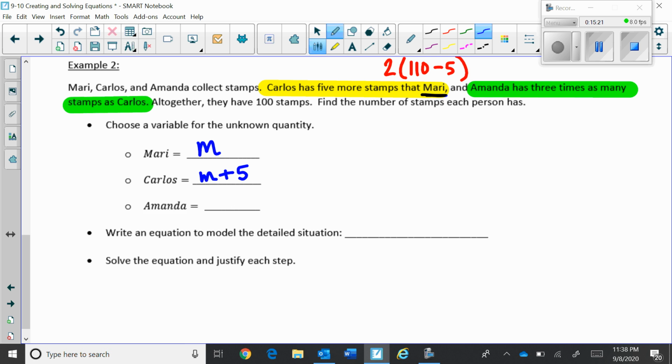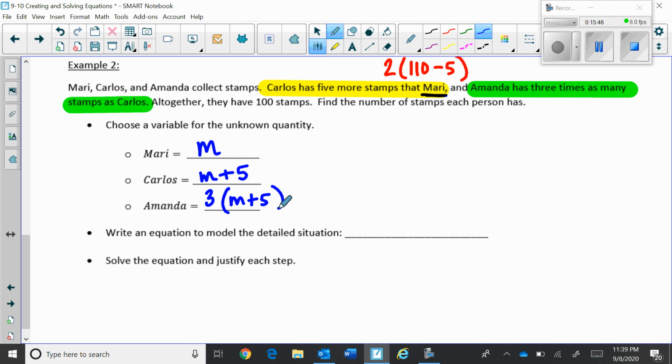We want to keep the same variable m. So Carlos's number of stamps is m plus 5. So if Amanda has 3 times as many, we could write that as 3 times (m plus 5), because m plus 5 is Carlos's number of stamps, and we're just going to multiply that by 3.